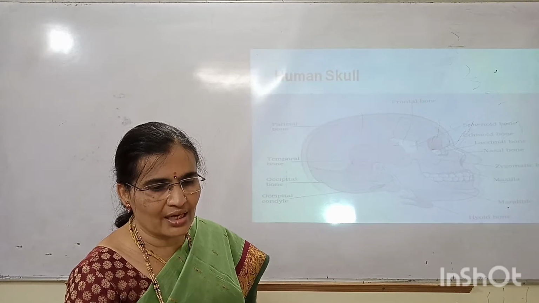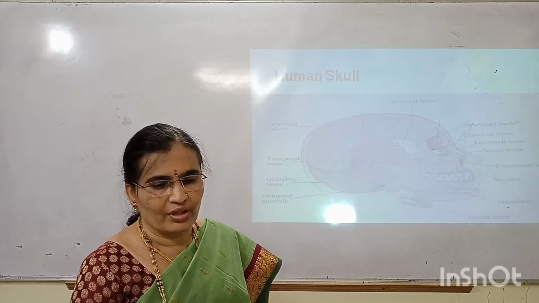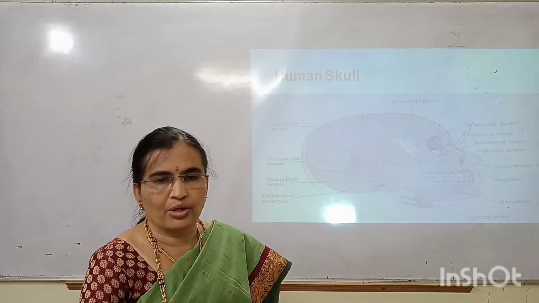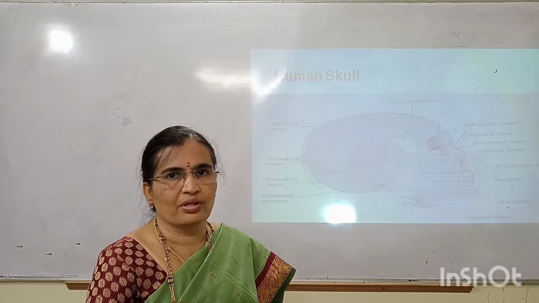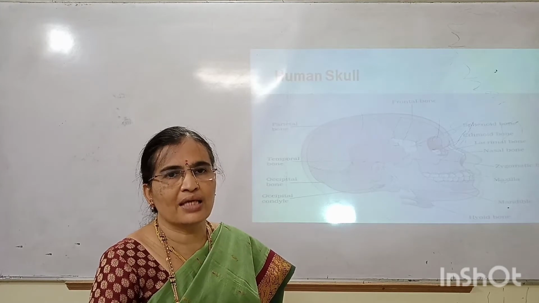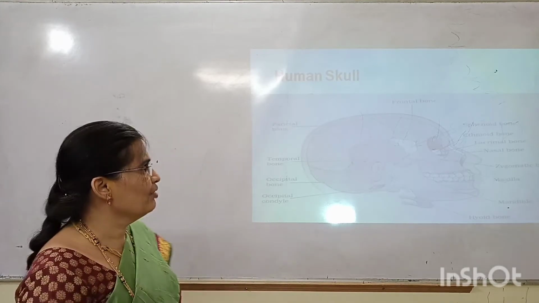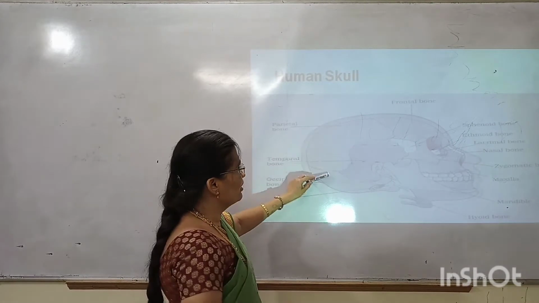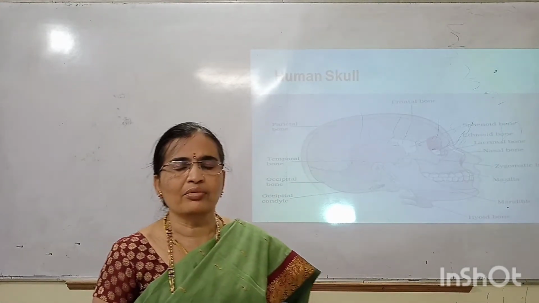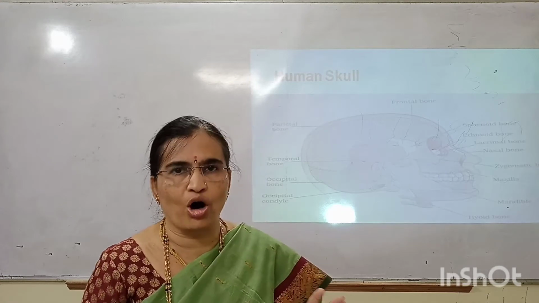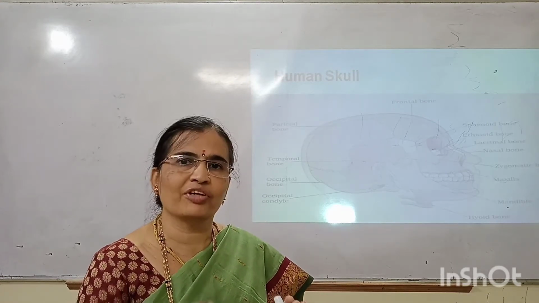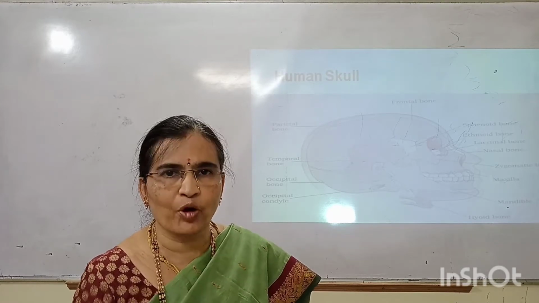First, the human skull. The human skull is made up of a total of 22 bones. The skull includes the cranium, also called the brain box, inside which the brain is protected.